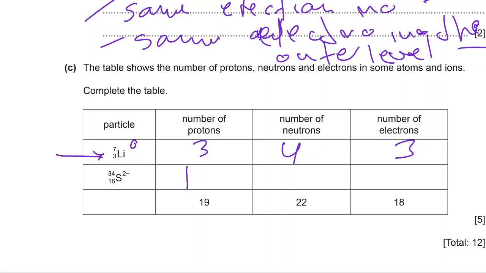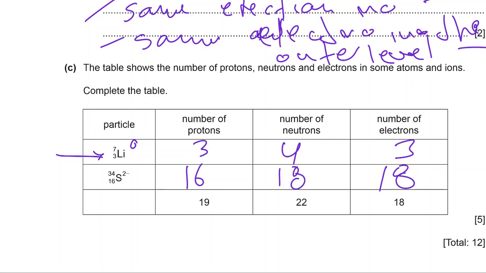The number of protons is 16, but the number of electrons should be more than the number of protons by 2, because the charge is -2, so it's 18 electrons. And the neutrons, 34 minus 16, which is 18.